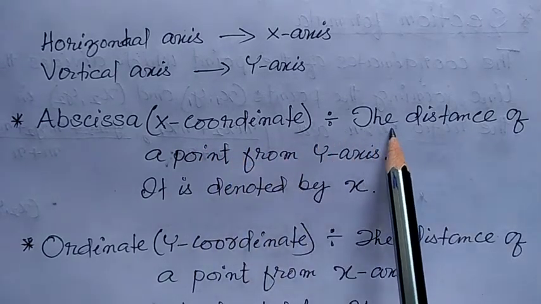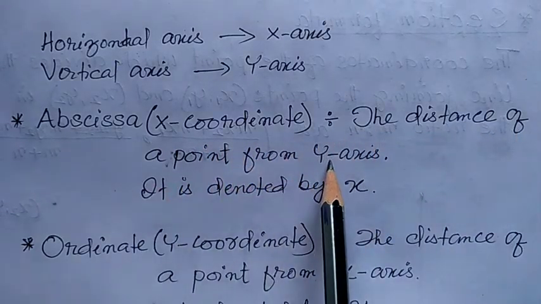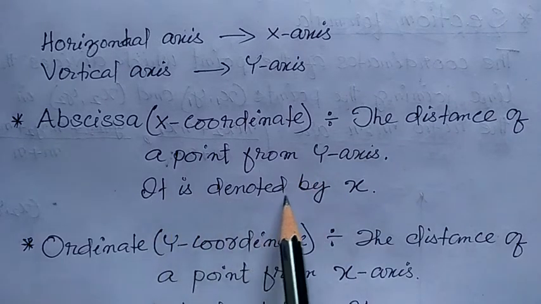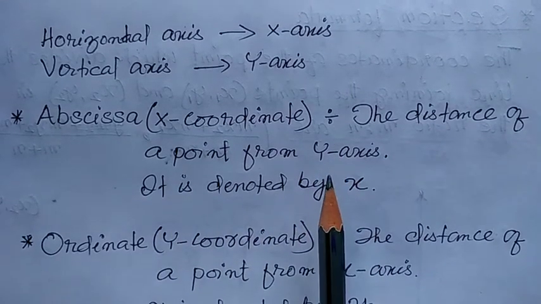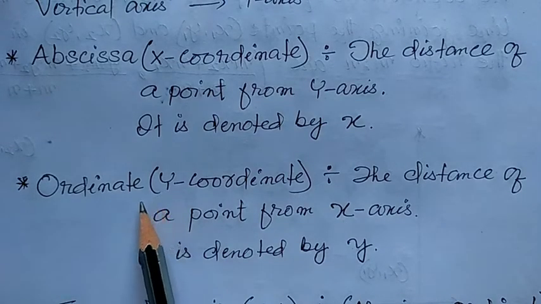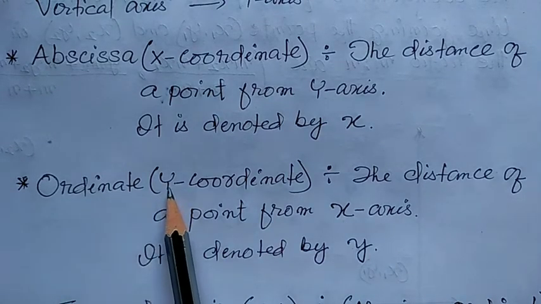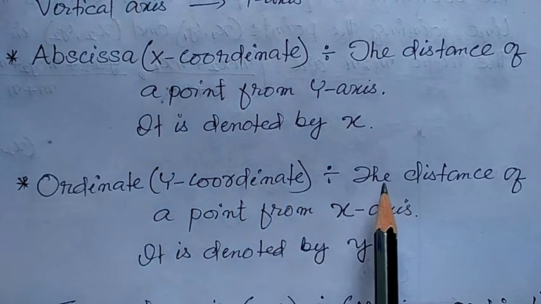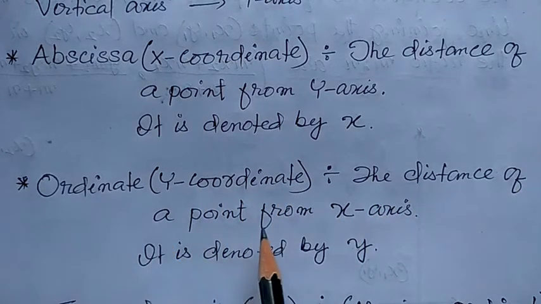This is nothing but the distance of a point from the y-axis, and it is denoted by x. And the second term is ordinate, or another term for ordinate is y-coordinate. This is the distance of a point from the x-axis. It is denoted by y.